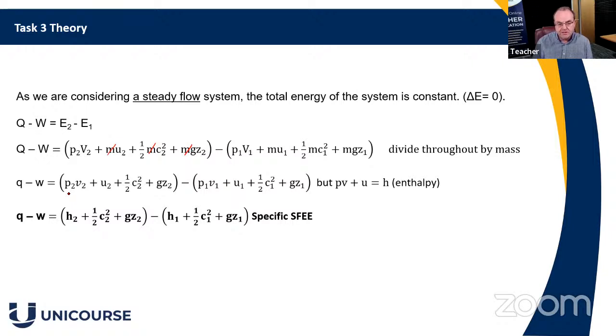We can replace these two terms with the enthalpy H. So our steady flow energy equation becomes q minus w is H2 plus half C2 squared plus gz2, and similarly for the inlet. That's referred to as the specific steady flow energy equation. Don't forget, these are now specific quantities, so q and w are usually in joules per kilogram.